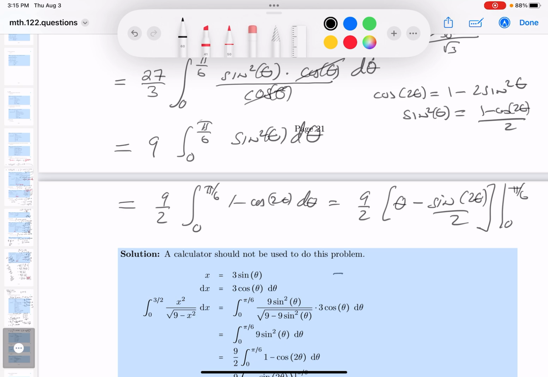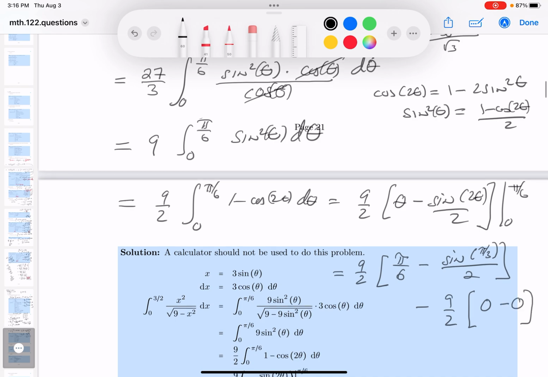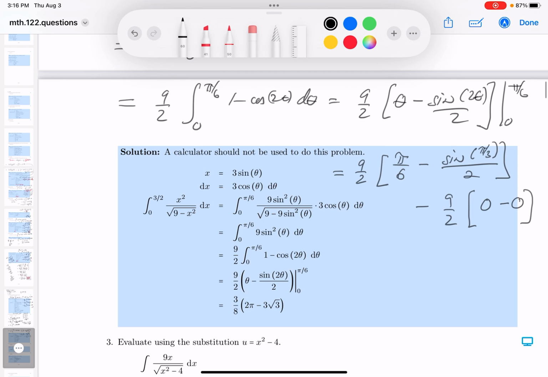Equals 9/2 times pi over 6 minus sine of 2 times pi over 6, which is pi over 3, all over 2. Let me do the lower limit, 9/2 at 0. 2 times 0 is 0, and the sine of 0 is 0. So I've got only one computation to do now, which is sine of pi over 3.